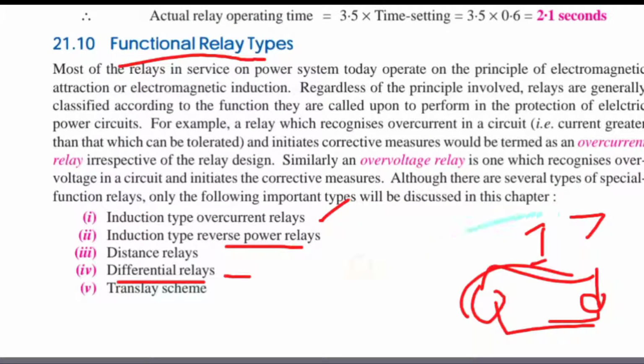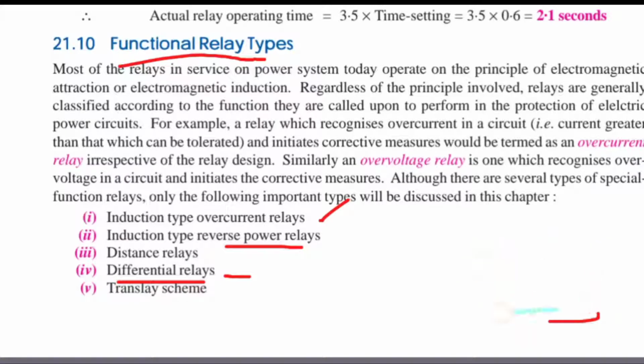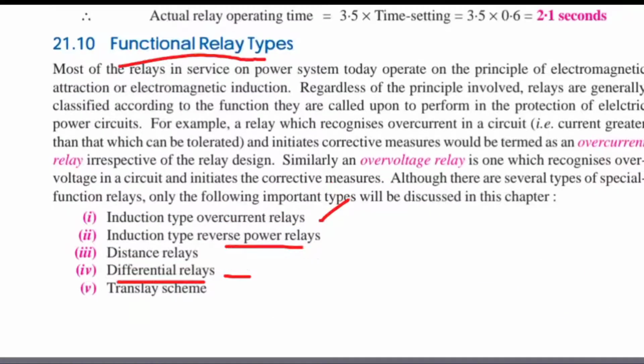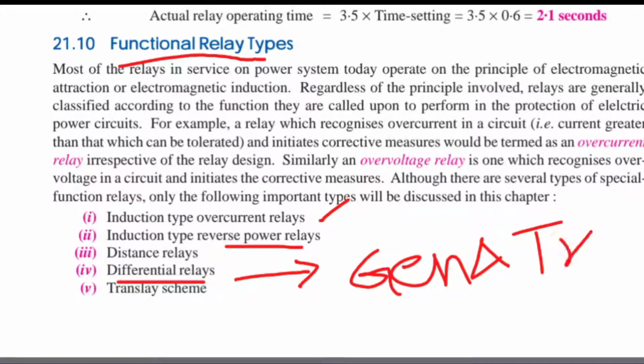For generator protection we use differential relays. Generators and transformers are protected by using differential relays. The translay scheme is also a protection scheme, used for transformers.